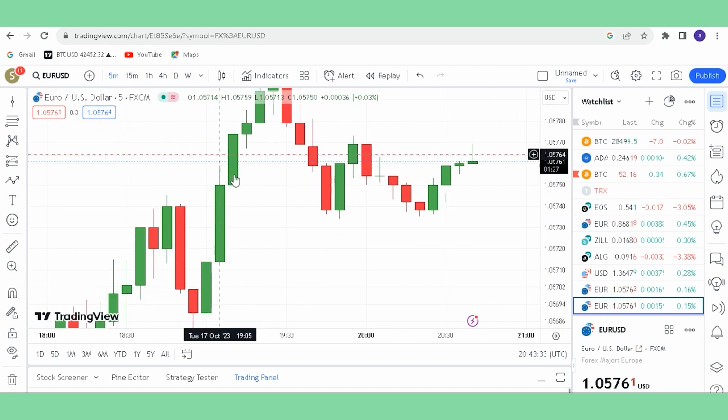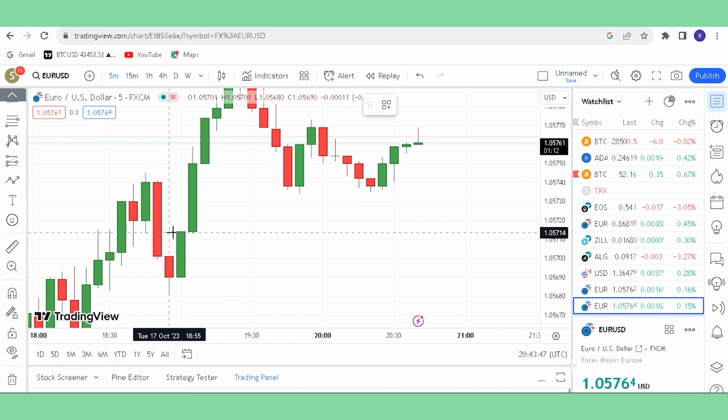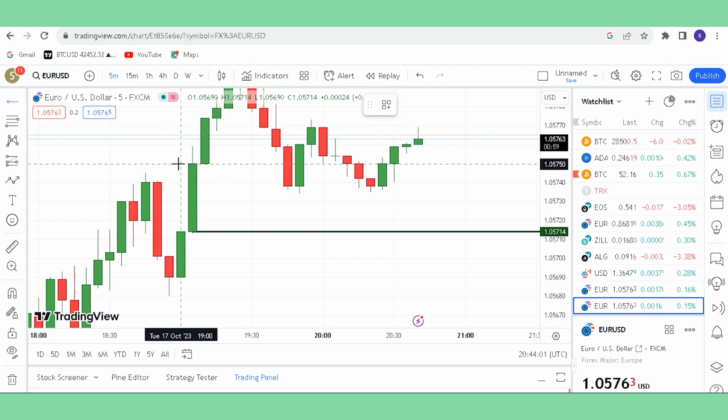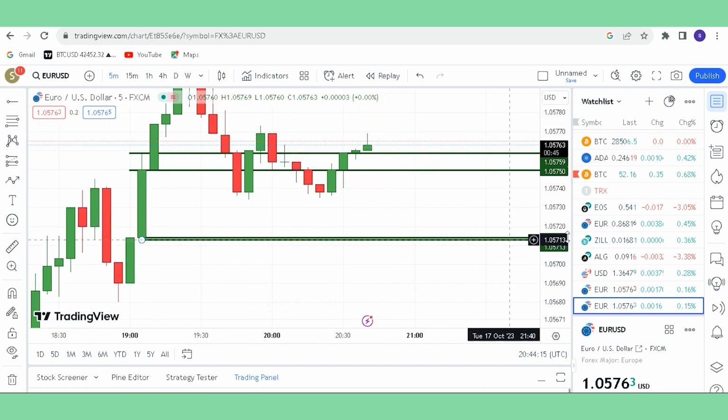For example, this green candle, let's see how the price moved during these 5 minutes. We already learned that when it's green, the price has gone up during that 5 minutes. So the open is here, the close is here, the high is here, and the low is a bit lower. What do they mean?